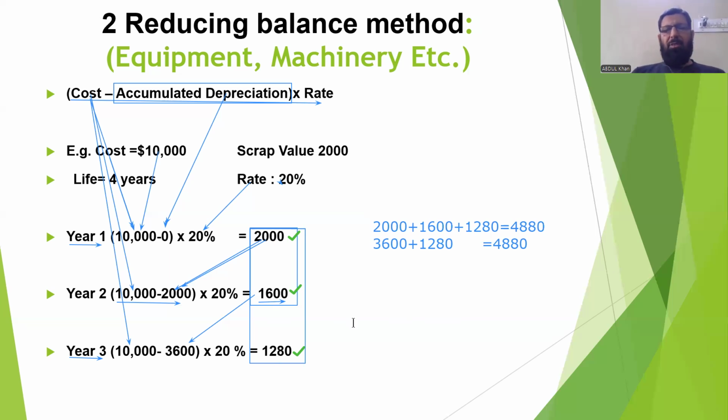One more thing: sometimes in exams they give a balance brought down. They don't give you everything starting from year 1, year 2, year 3, year 4. Sometimes they give you some balance. For example, in this question, they have given the balance brought down of provision for depreciation.